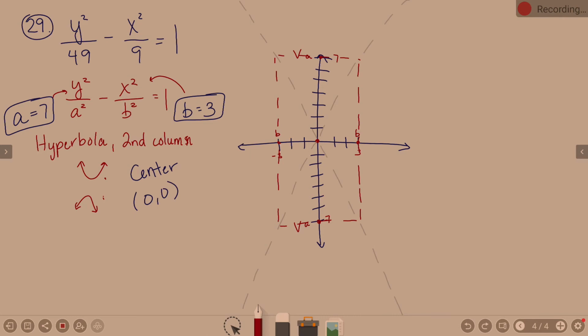My A values were on the Y-axis, and your A values form your vertices. And we already talked about these being the vertices. So I have a parabola opening up from there and down from here. Make sure you can graph something like this tomorrow. I didn't pick a fancy one. I just picked a basic one. Make sure you can graph something like this basic one tomorrow.